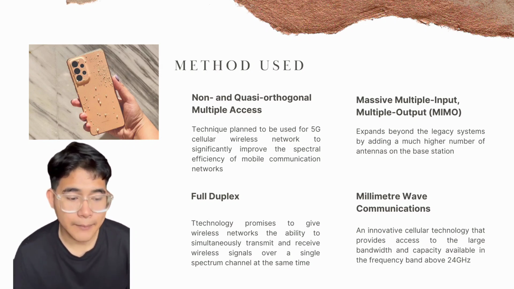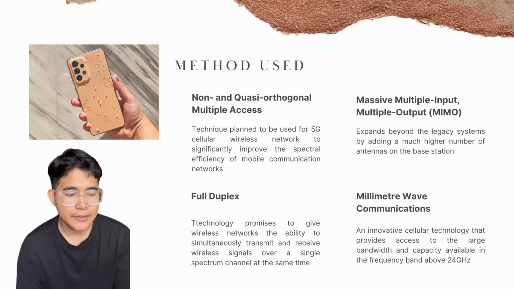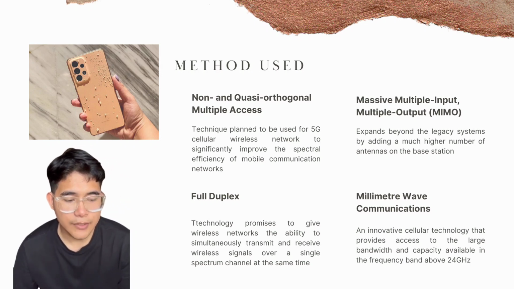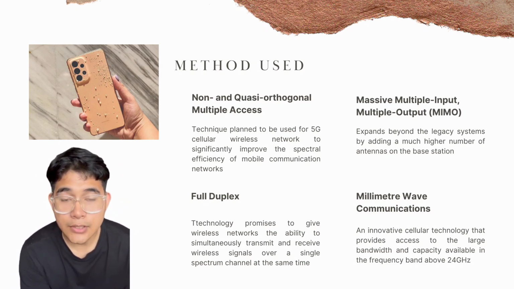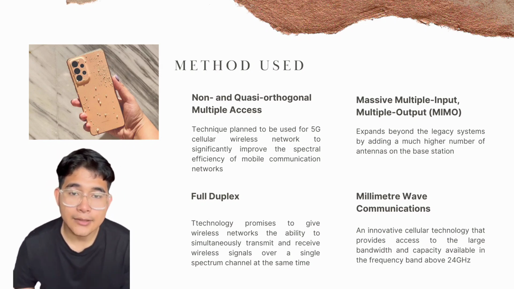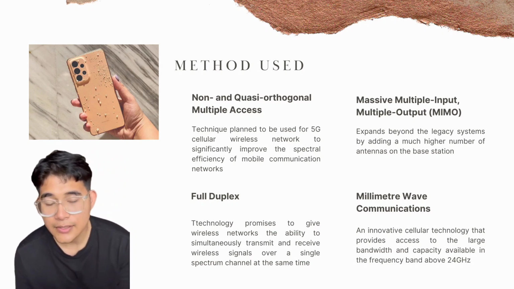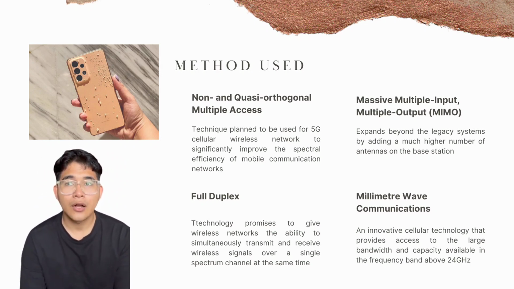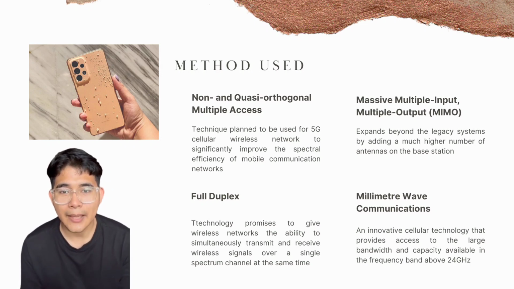Okay, so the third method is full duplex. Full duplex is a technology promised to give wireless networks the ability to simultaneously transmit and receive wireless signals over a single spectral channel at the same time. So the function of full duplex is that data can be transmitted in both directions on a single carrier at the same time, so data can be received and sent at the same time.